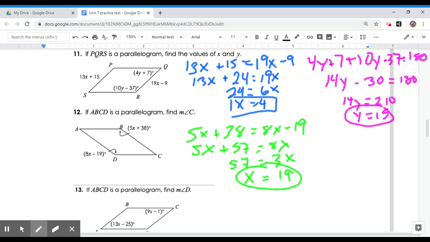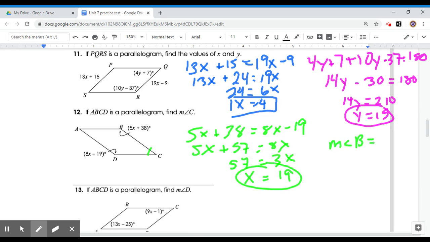But for this one, we need to find measure of angle C. So in order to find measure of angle C, we're going to need to find either A or B. Let's just do, I'm sorry, not A or B, I mean B or D. Let's do B. So measure of angle B equals 5 times 19 plus 38.